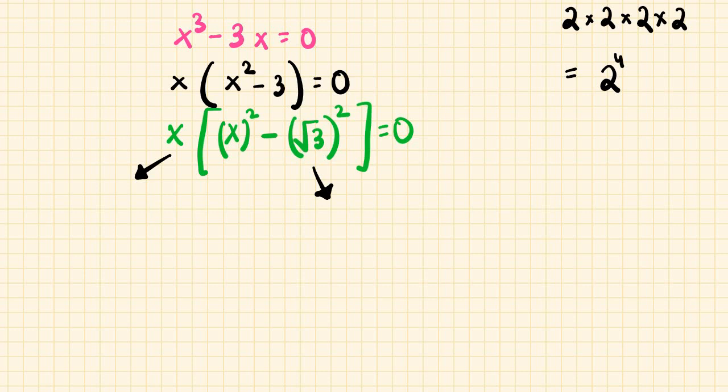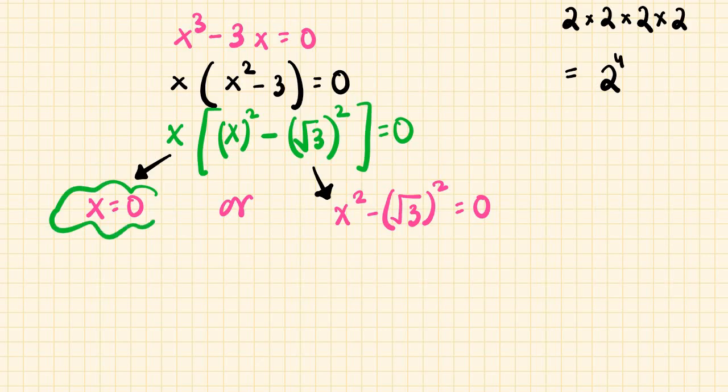So, x is equal to 0, or x square minus root 3 whole square is equal to 0, right? Now, x is equal to 0 is one of my answers, like the roots, the zeros, the solutions. Here, let's take this on the other side, right?